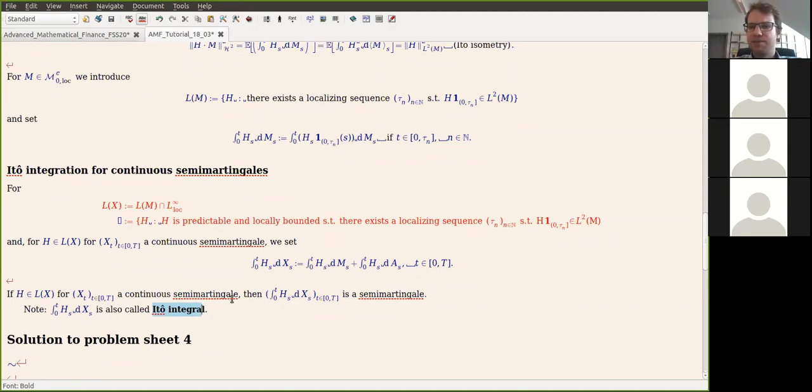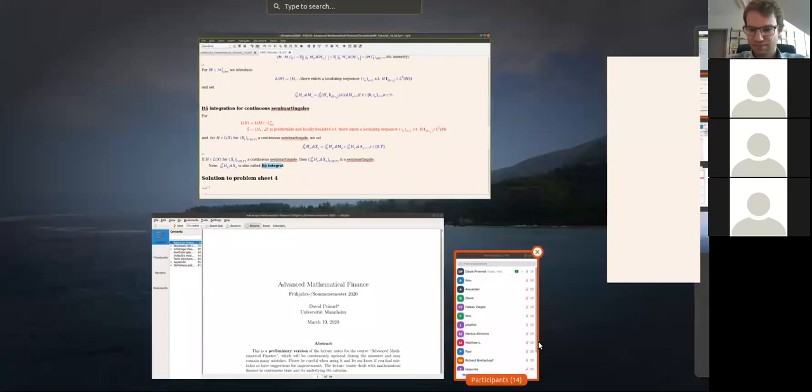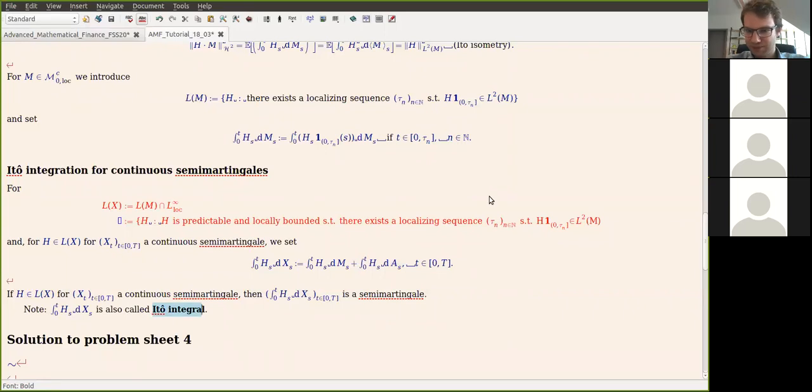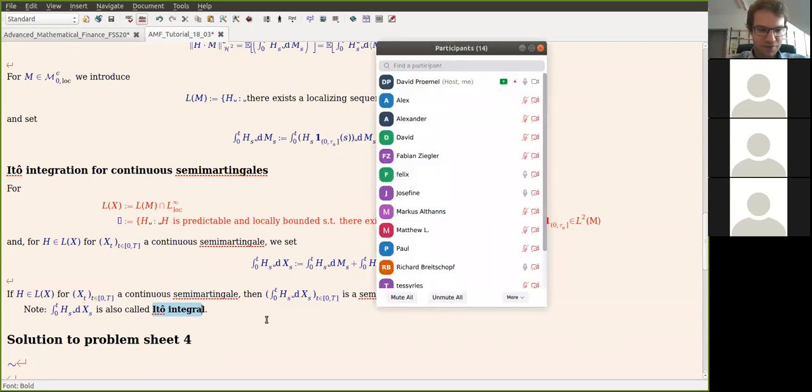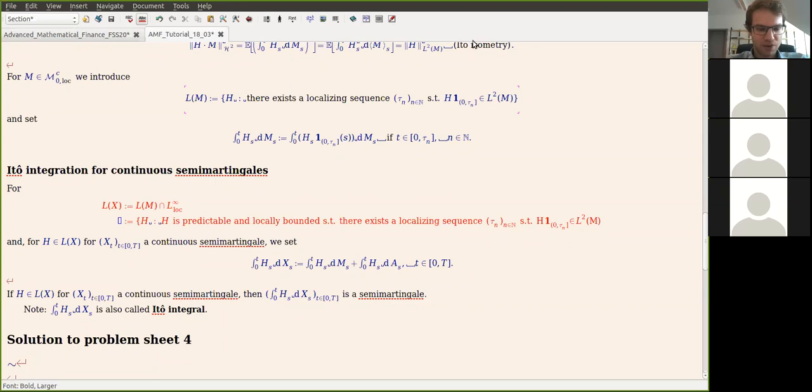Okay, are there questions? Anyone? If not, I would come now to the solutions to problem sheet 4. Since we do not have too much time left for today, is there a priority which one you would like to see?